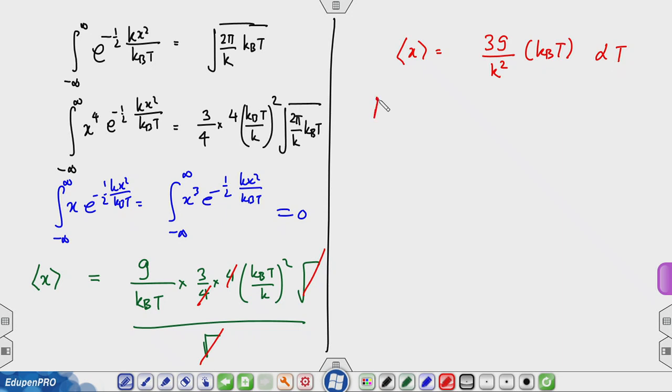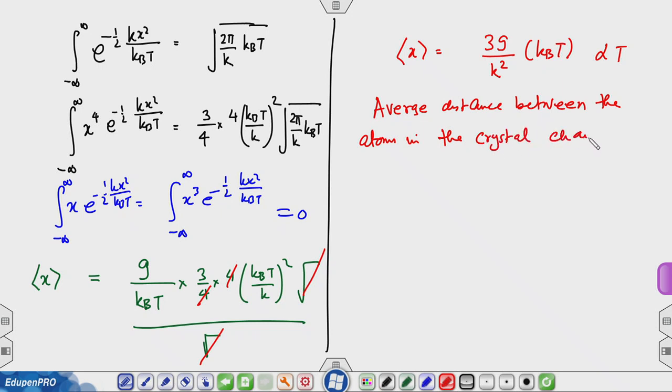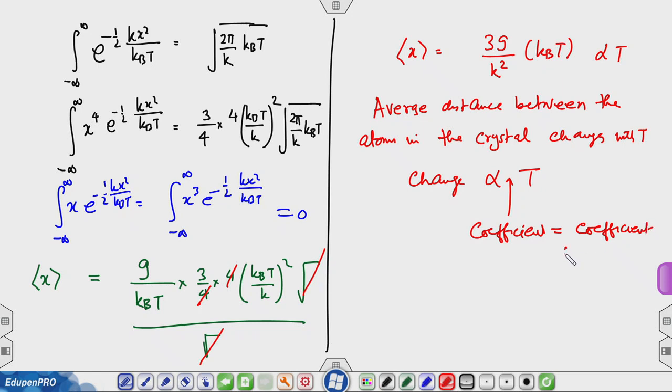So, the average distance between the atoms in the crystal changes with T, and this change is proportional to T. So, we have given a qualitative argument based on the anharmonic nature of the potential between atoms, that the change in the distance is going to be proportional to T, and this coefficient here is the coefficient of thermal expansion.